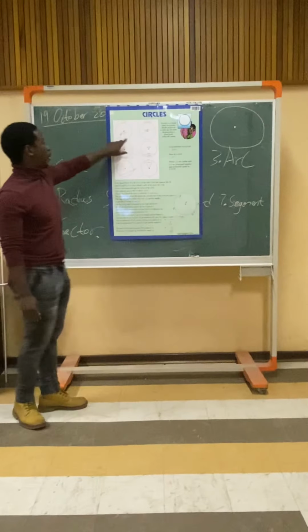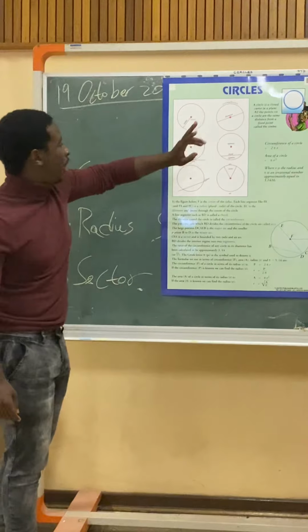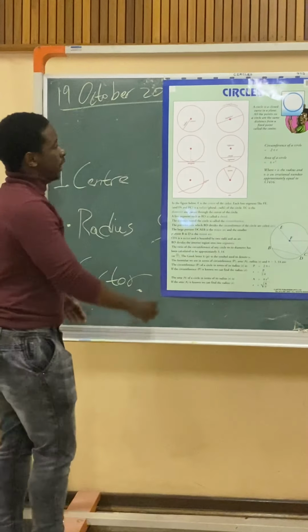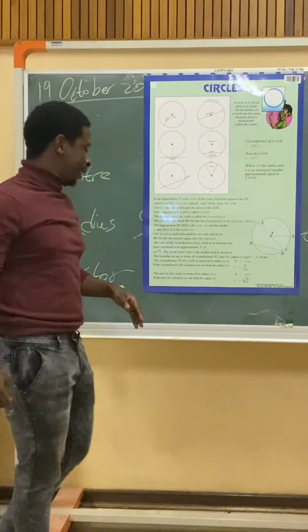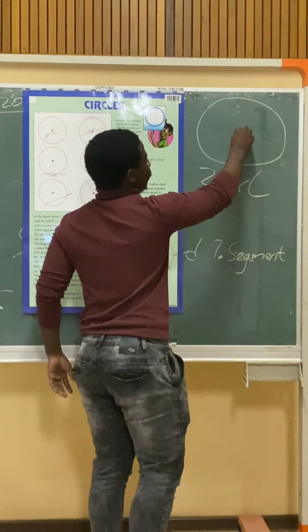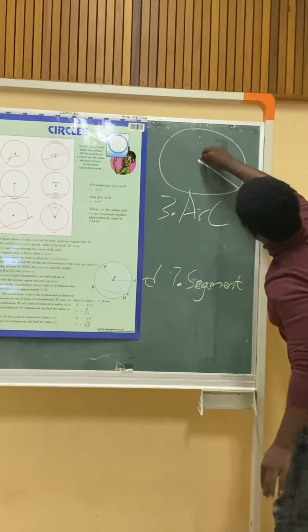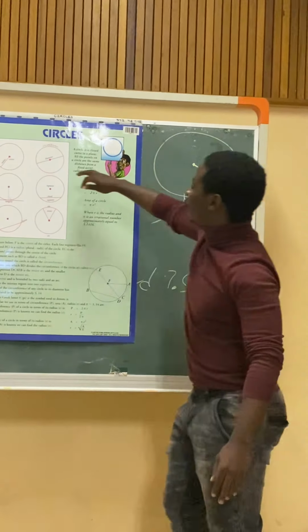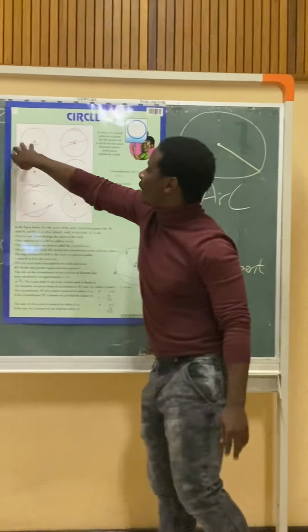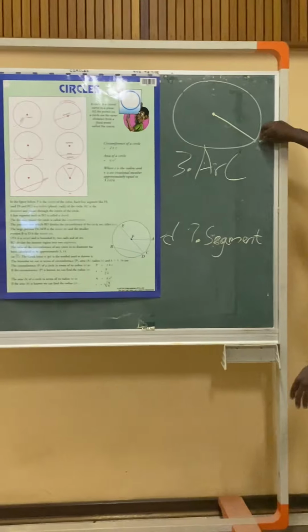Are you sure? This is the center. Then from this center to the point of the circumference, we say that line is a radius. So you can draw your radius from the center to this side, and even this side too.